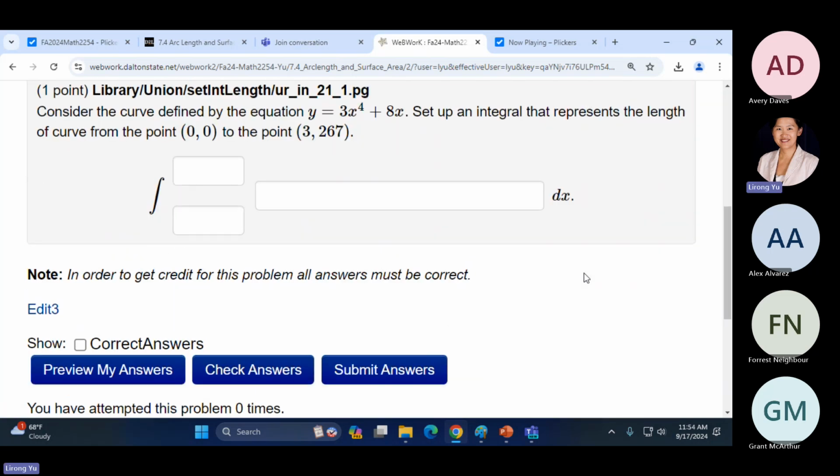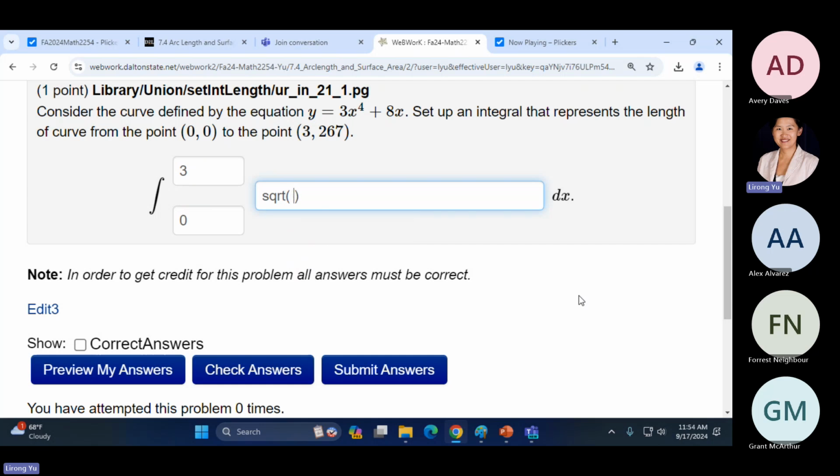Right. Second question. We're trying to find the length of the curve defined by 3x to the 4th plus 8x, and basically, we'll set it up properly. We don't do the calculation. So we start from x equals 0 and end with x equals 3, and then the calculation again is going to be a square root of a function.